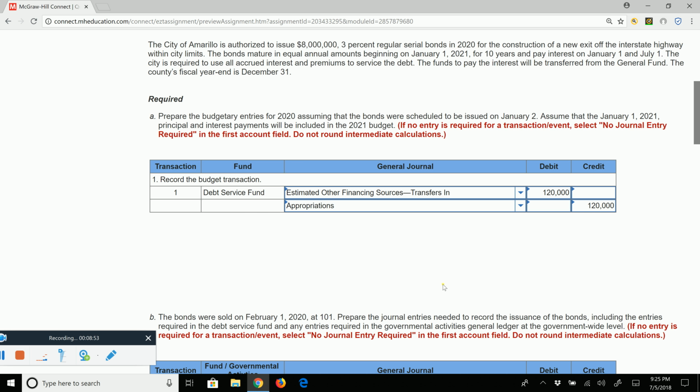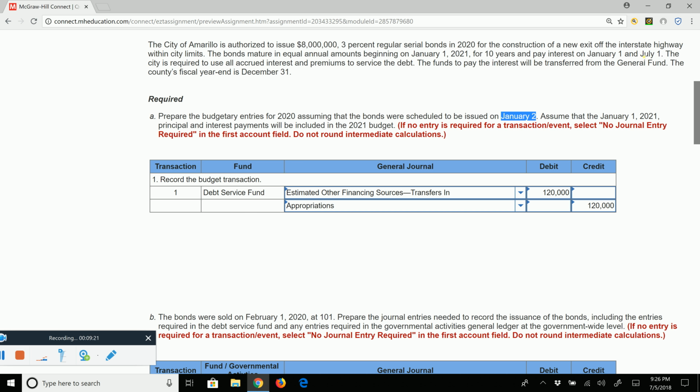Okay, so let's go through some of these journal entries. Part A, prepare the budget for 2020, assuming the bonds were scheduled to be issued on January 2nd. That's important because when are the interest payments supposed to be made? I'm highlighting it here. They're supposed to be paid every January 1 and July 1. So if the bonds are issued on January 2nd, how many interest payments would we make in the first year?